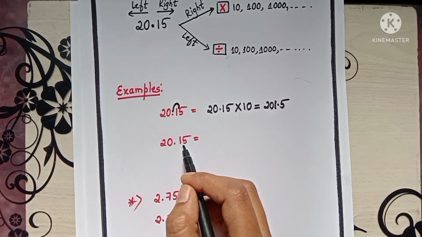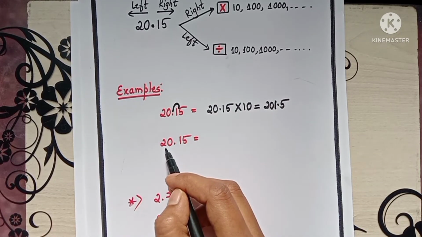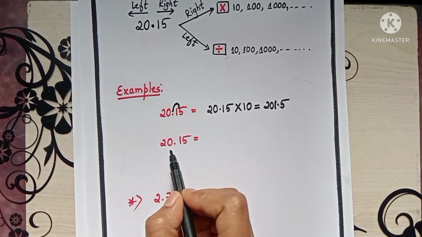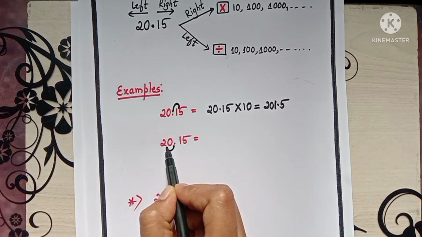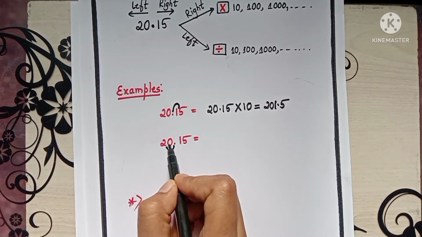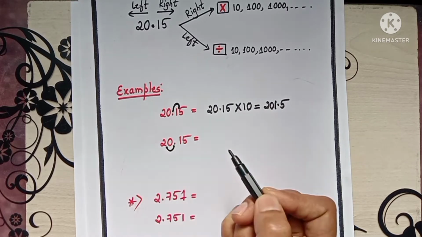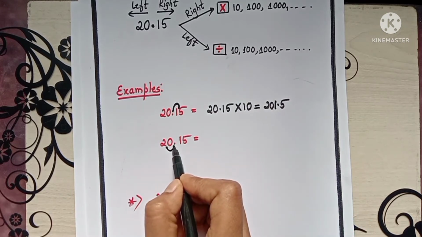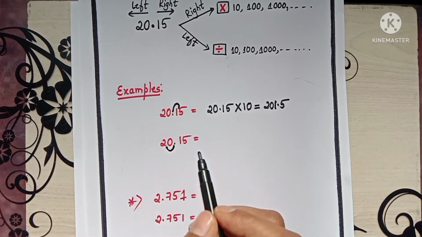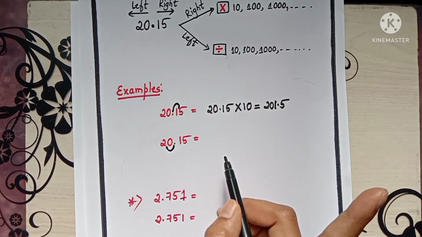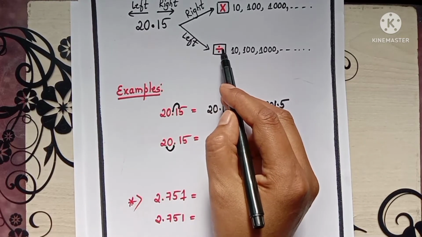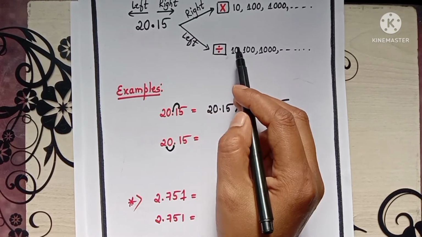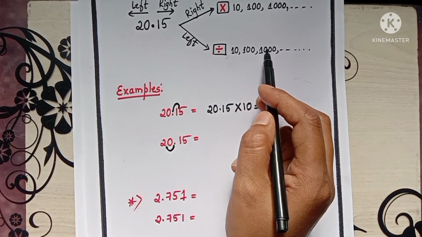What happens if I shift the number to the left side? Now I am going to shift this decimal point to the left side, that is in between 2 and 0. That is, I am going to shift by one digit. Left side means I have to divide it by 10, 100 or 1000.